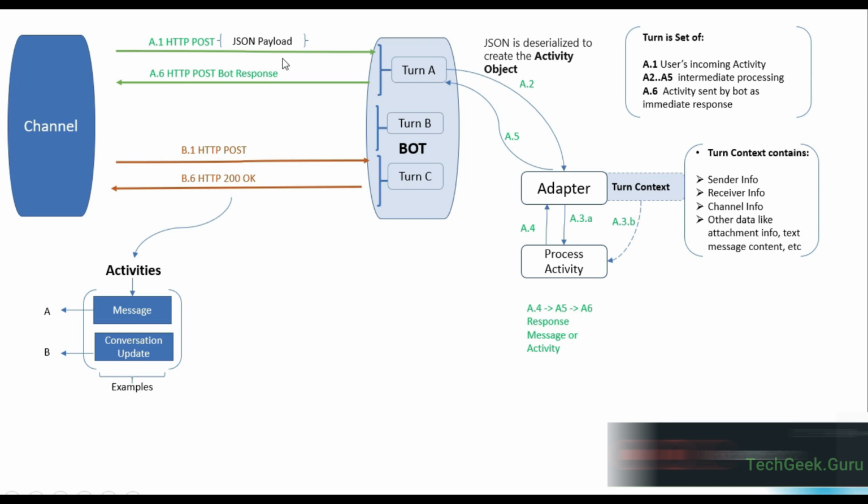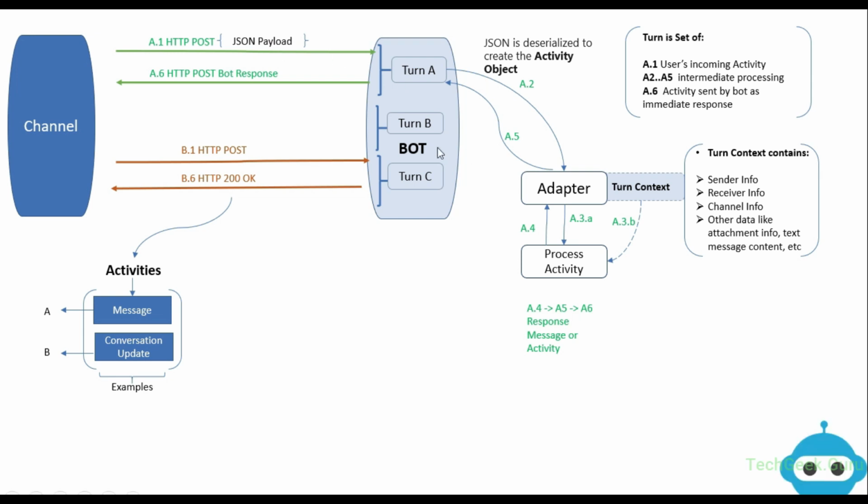Once the activity is received by the bot as a JSON payload, it is deserialized and turned into an activity object. Now this activity object is fed to a bot framework adapter instance called adapter, and the adapter will then process the activity object and create a turn context out of it.